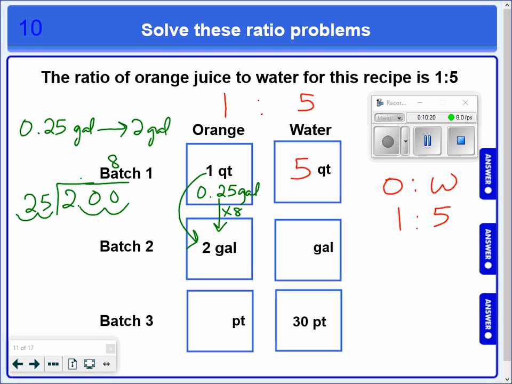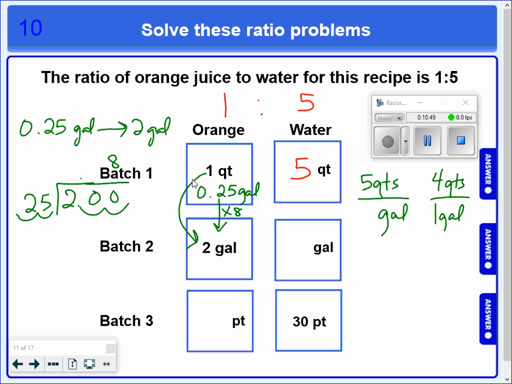Except for 5 quarts, I need to change this. 5 quarts. First, I need to change that into gallons. Okay, so then that would be 4 quarts in 1 gallon. I would go the other way.